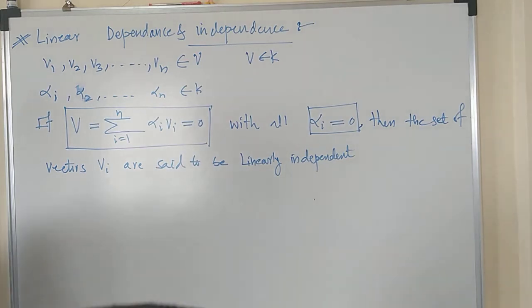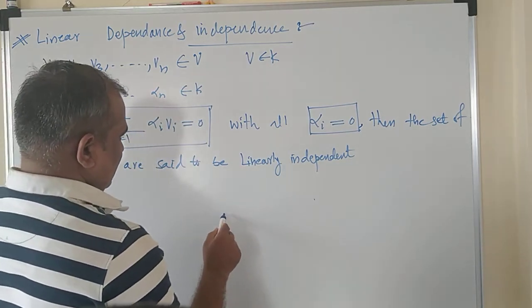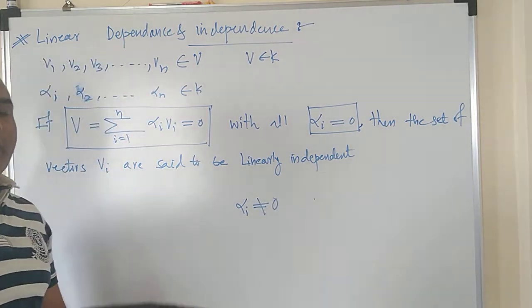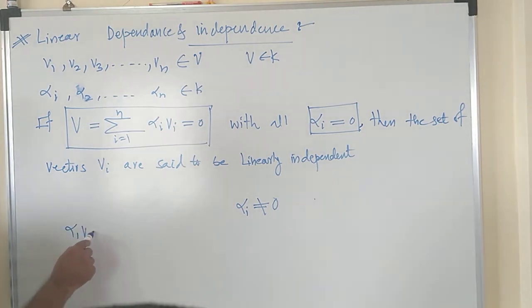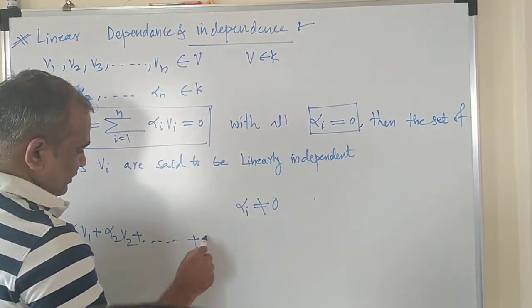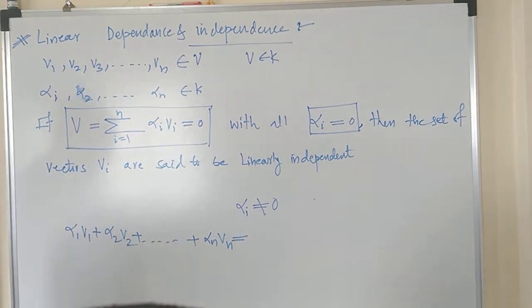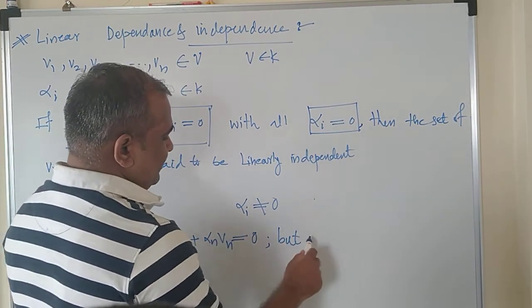To be linearly dependent vectors, the vectors follow this condition but all alpha i are not equal to 0, any one of them is not equal to 0. Alternatively, if alpha 1 v1 plus alpha 2 v2 plus dot dot dot plus alpha n vn is equal to 0, but all alphas are not equal to 0.